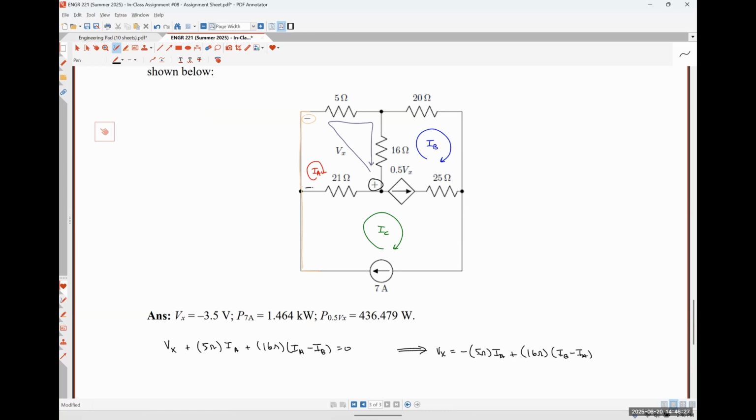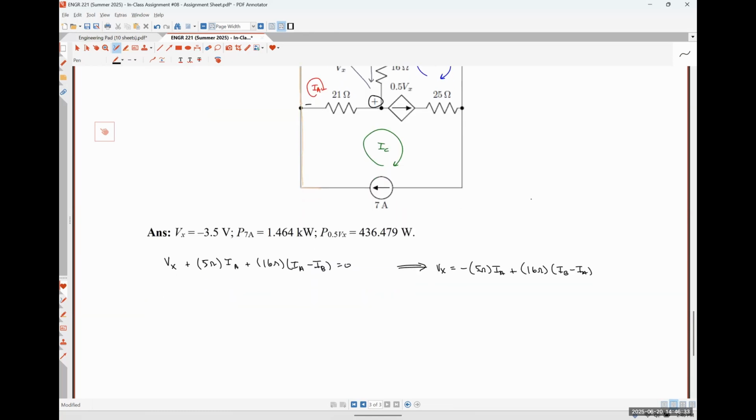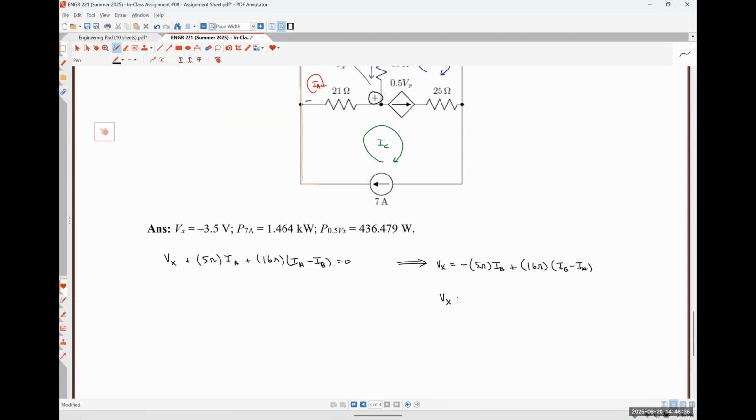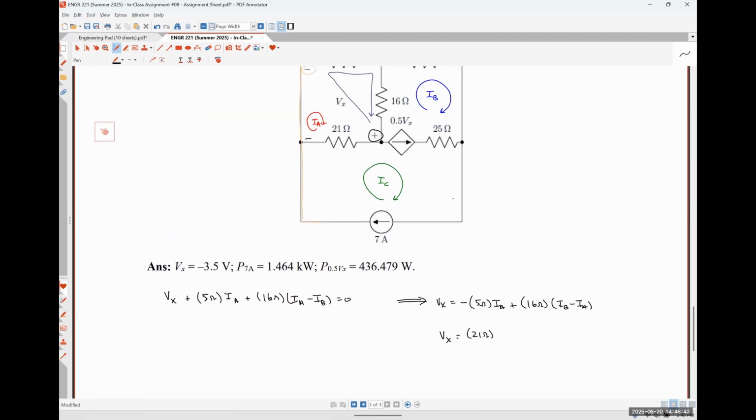So another way to think about that voltage Vx is it's literally just the voltage drop across the 21 ohm resistor. So that would be Vx is equal to 21 ohms times, so IA is the mesh current that's flowing into the positive polarity terminal, and IC is the mesh current that's flowing into the negative polarity terminal.